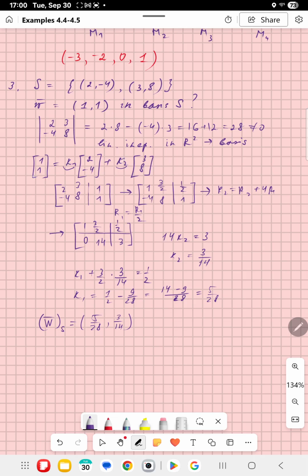So this is the W vector, this is your first basis vector, and this is your second basis vector. And we are searching for K1 and K2. They are going to be my answer. Okay, I think for sections 4.4 and 4.5, that's it. So I'll see you in class and probably we'll have more examples there.